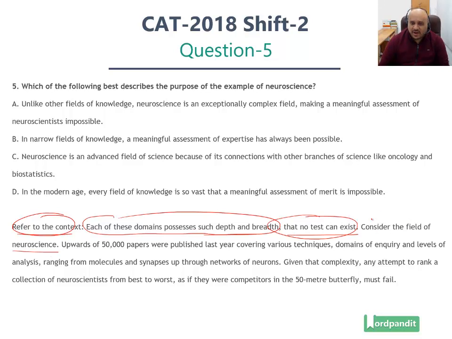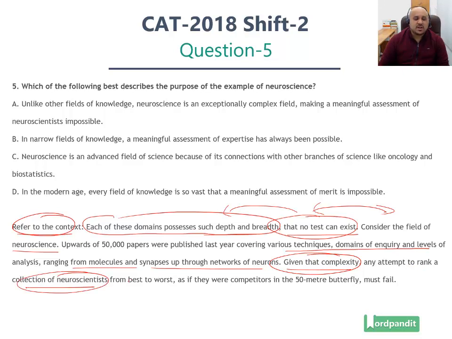So how is he using the example of neuroscience? To highlight the fact that no test can exist to test for its depth and breadth. Upwards of 50,000 papers were published last year covering various techniques, domains of inquiry, levels of analysis ranging from molecules, synapses through networks of neurons. Given that complexity, any attempt to rank a collection of neuroscientists from best to worst, where would you rank these neuroscientists on these tests?